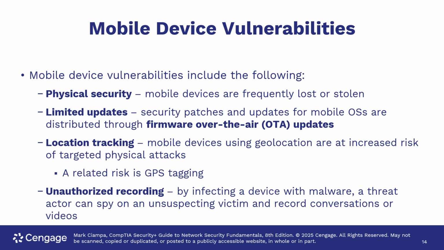Mobile devices use geolocation, which is an increased risk of targeted physical attacks. And unauthorized recording. By infecting a device with malware, a threat actor can spy on an unsuspecting victim and record conversations or videos.